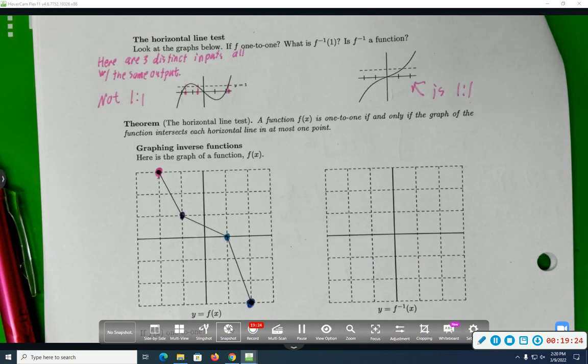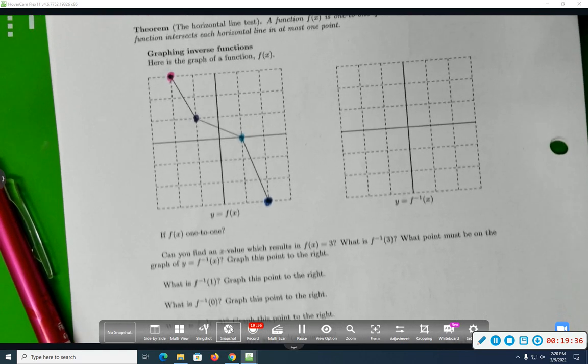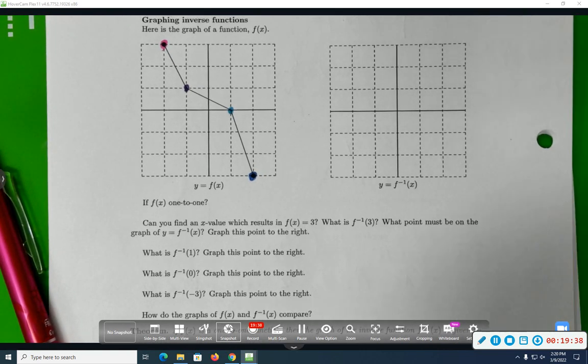So, let's answer a few questions using this graph. Can you find, by looking at that graph, an x value that results in f of x equals 3? So when the y value is 3. A place where the y value is 3. So what x value gives you a y value of 3? -2.